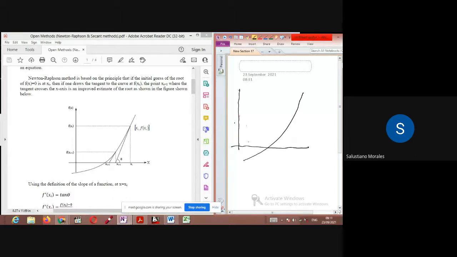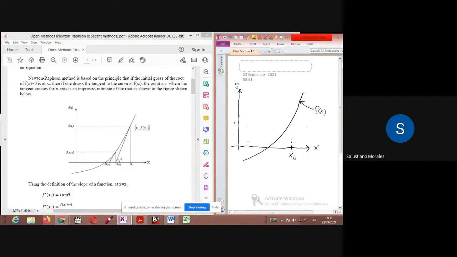So we have the y-axis. We have also the x-axis. And maybe we have a function with a curve that looks like this. We're going to consider the initial x, that is our xi.